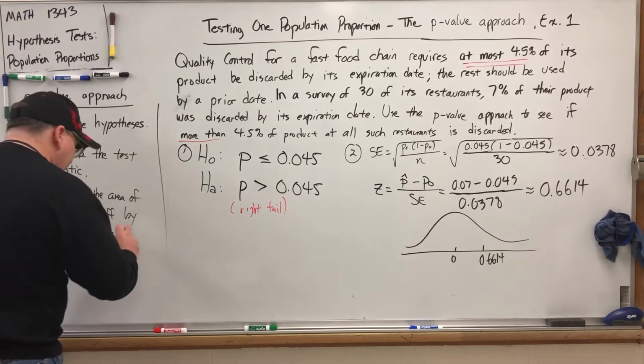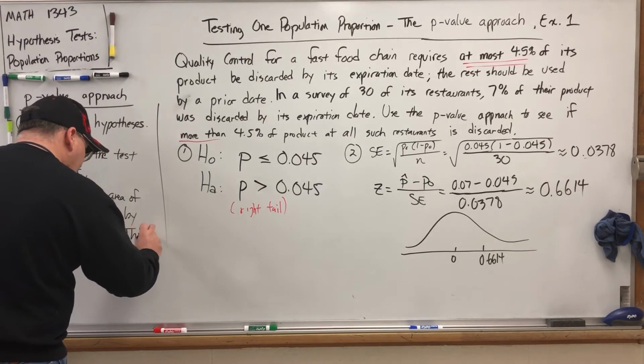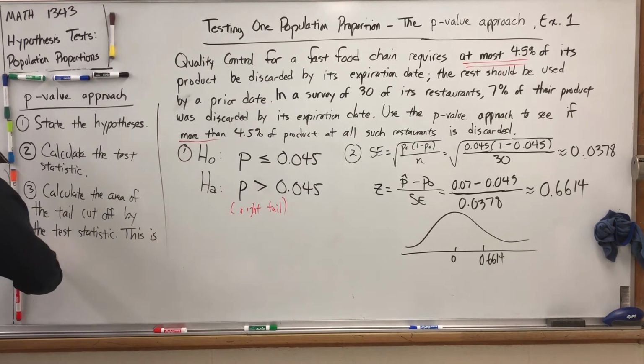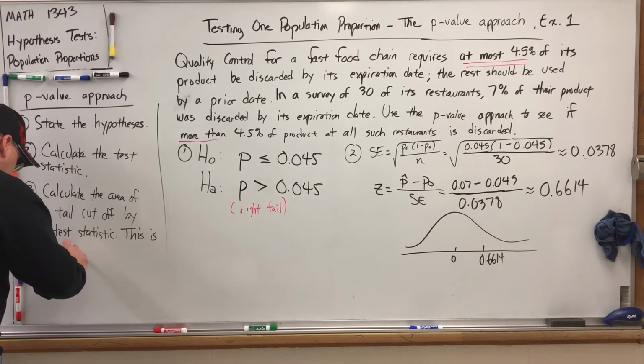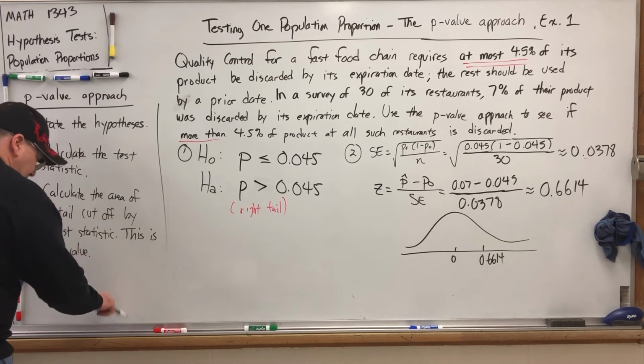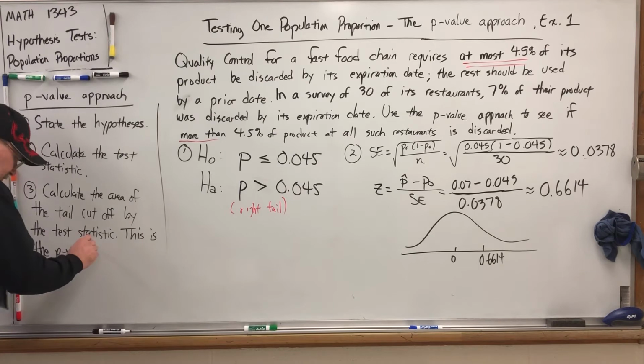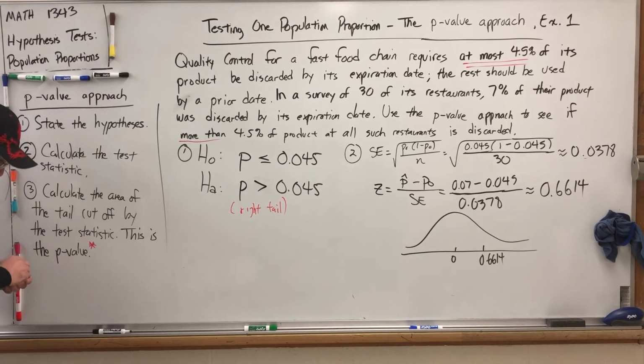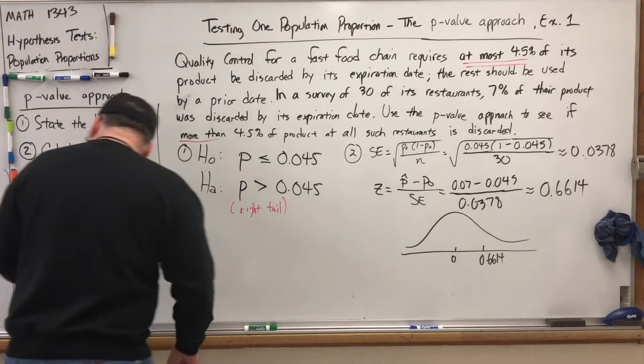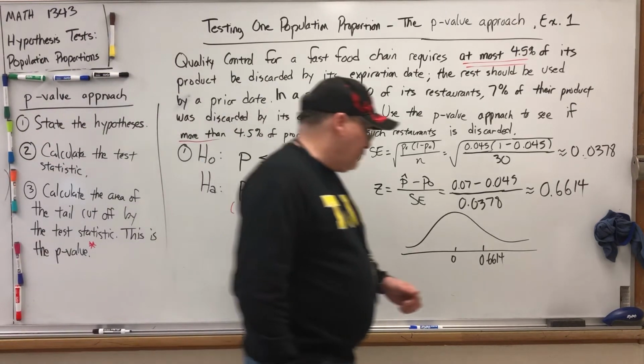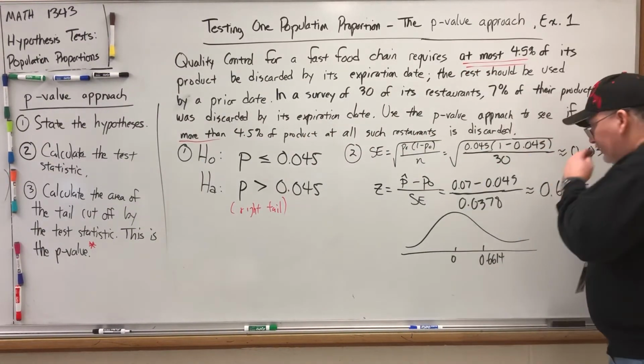This is the p-value. Now I need to put an asterisk by that. And this asterisk will be addressed in the next video. A little foreshadowing, it has to do with how you accommodate if it's a two-tail test.